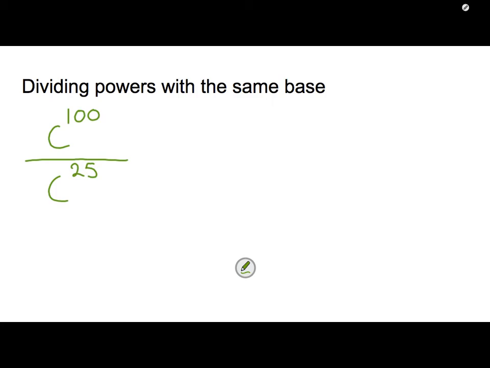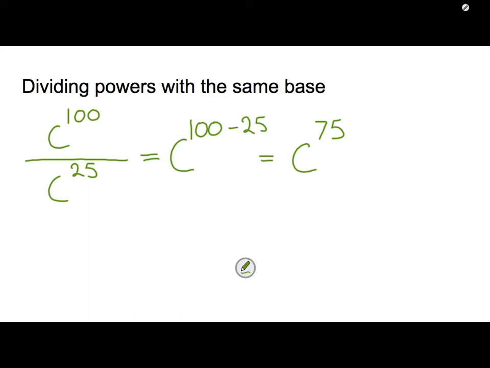A lot of times the problems will make it look like 25 can go into 100, and make you think that might be what you need to do. But we've got to stick to the rules we know. We have to subtract. So this is going to be c to the 100 minus 25, which gets us c to the 75th power.